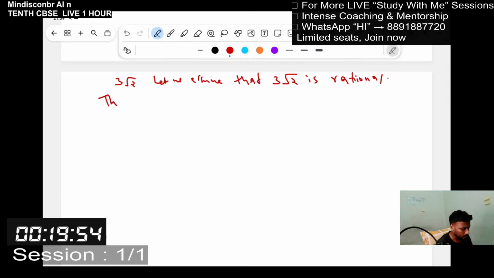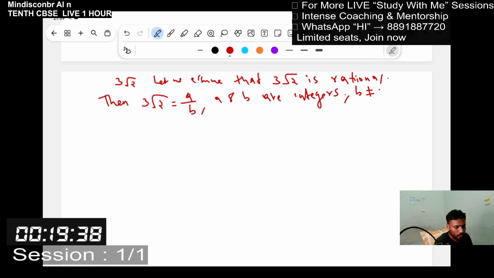Then we can write 3 root 2 is equal to a by b, where a and b are integers, b not equal to 0, also a and b co-prime.